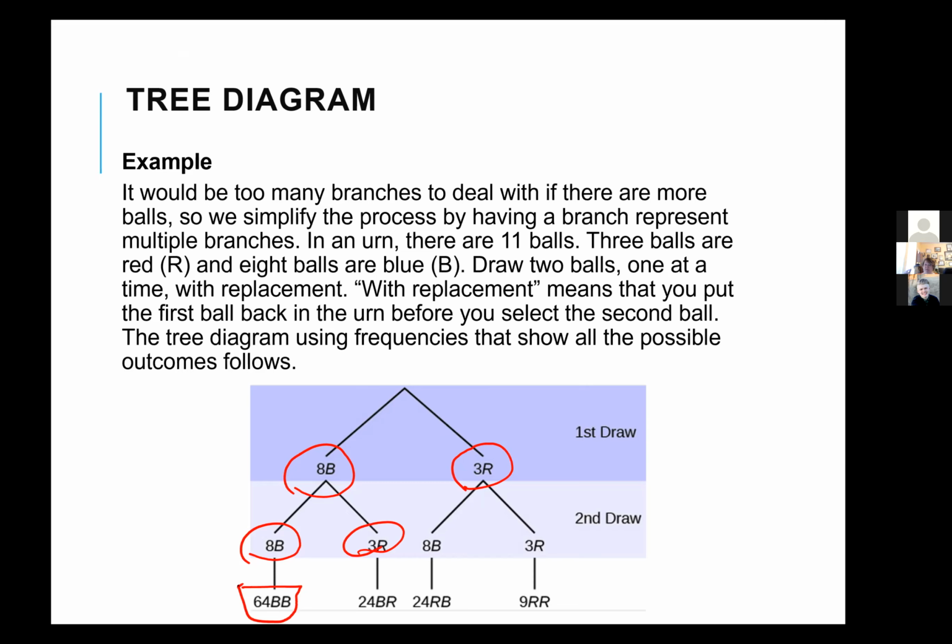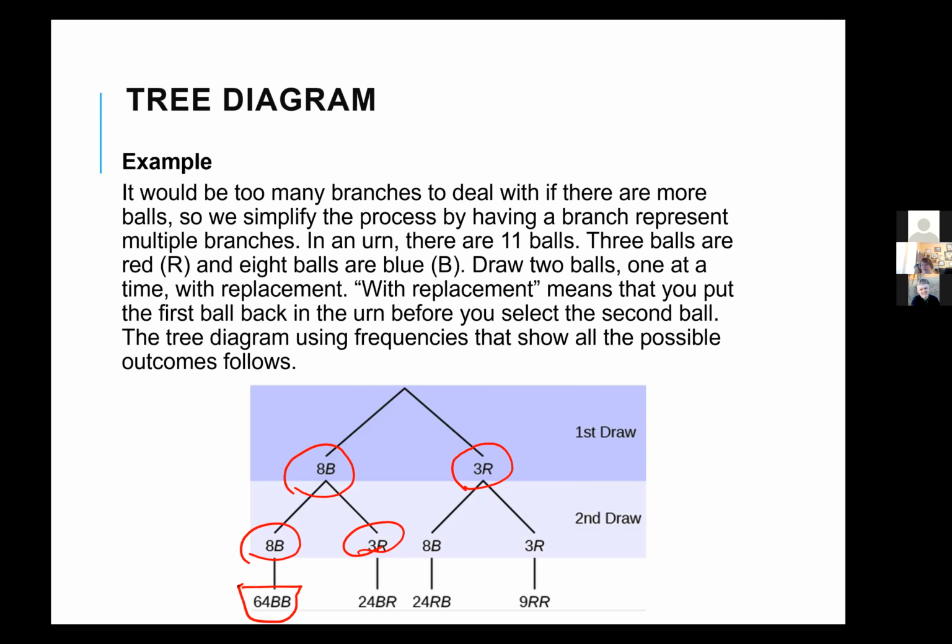The way we get the 64 is we multiply the frequencies together. In the first branch there were 8 possible outcomes that were blue, and in the second branch there are 8 possible outcomes that are blue. So in total, I would have 64 possible outcomes that were blue.